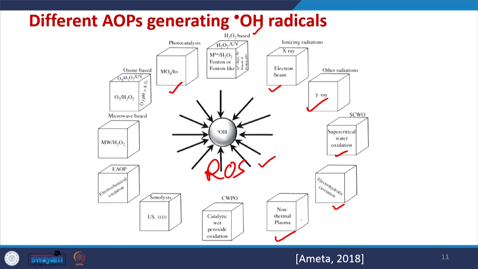Non-thermal plasma can be used. Similarly, catalytic wet peroxidation, where we use H2O2 along with very high temperature and pressure conditions. Similarly, sonolysis, electrochemical oxidation, microwave based methods etc. can be used, and ozone can be used. We have already discussed a little bit of this and we are going to discuss these methods in detail further on.